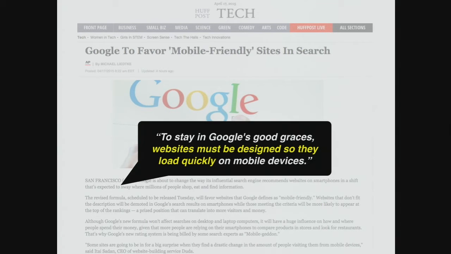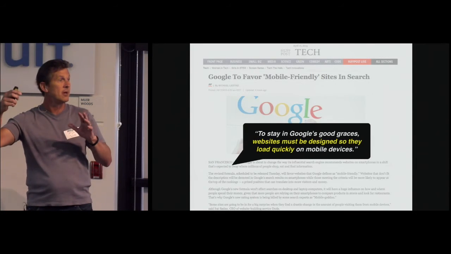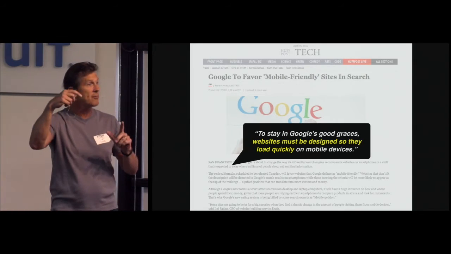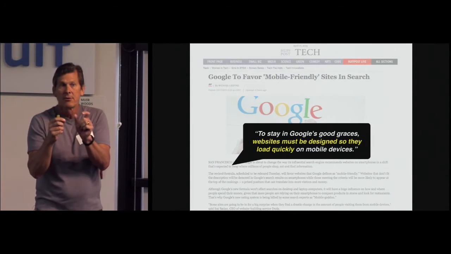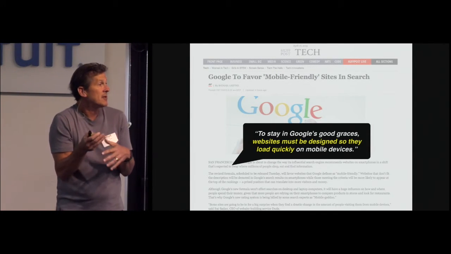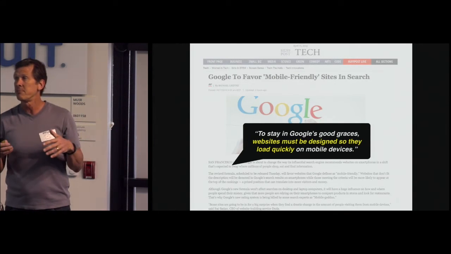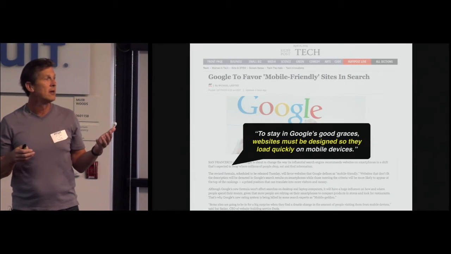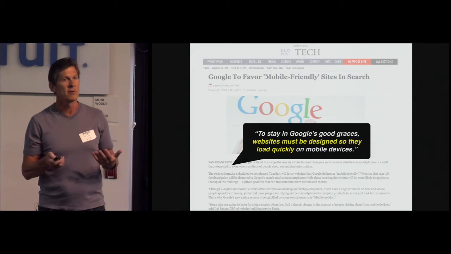So if the layout of the page doesn't work on mobile, you just took the desktop version and slammed it into a small 320 by 480 viewport, all the links are tiny, you can't see the images, you get dinged. And if it's slow, you get dinged. And if you get dinged on PageRank, right, there's this multi-billion-dollar business called SEO, you don't want to get dinged on PageRank. So these things are really important.